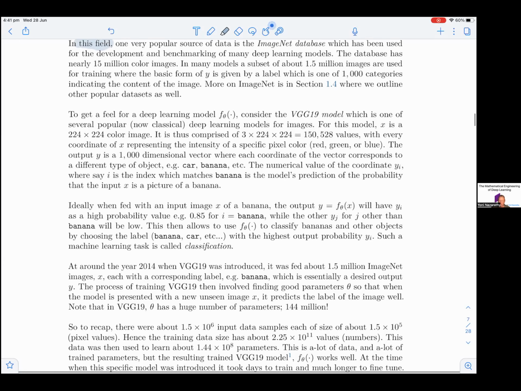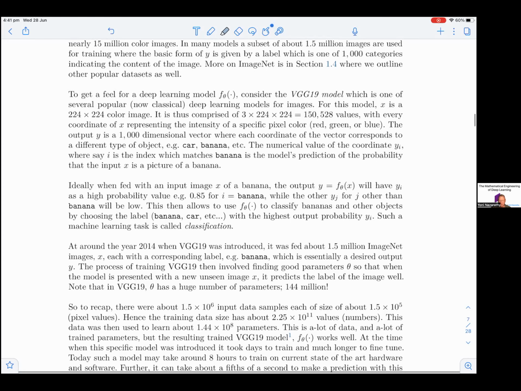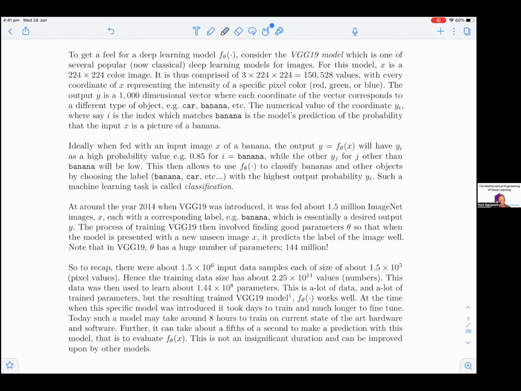To get a feel for a deep learning model, the function f theta, consider the VGG19 model, which is one of several popular, now classical deep learning models for images. For this model, x is a 224 by 224 color image. It is thus comprised of 3 by 224 by 224, which is 150,528 values, with every coordinate of x representing the intensity of a specific pixel color, red, green, or blue.